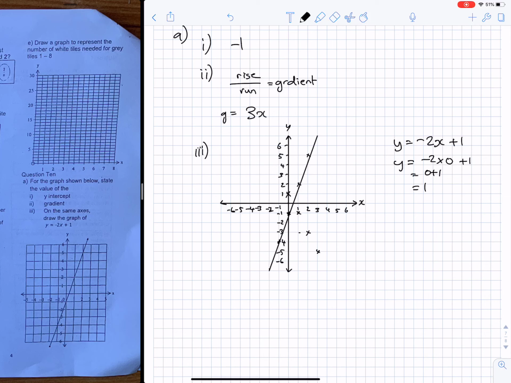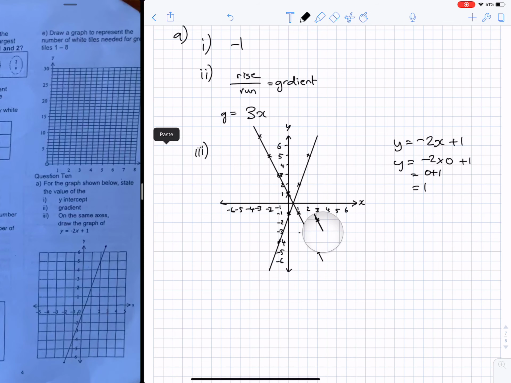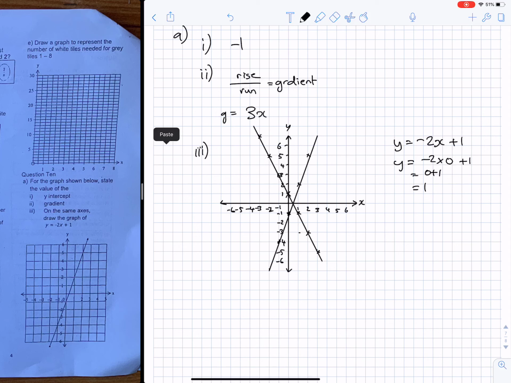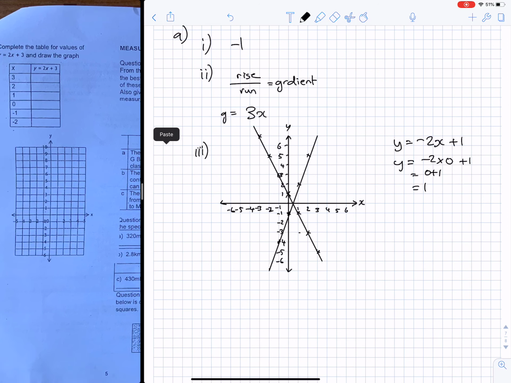Down 2 and to the right 1, and so on and so forth. So then this line would be drawn like so. Okay.